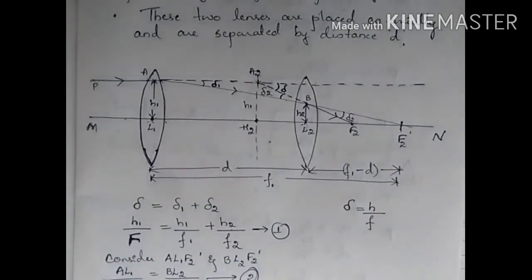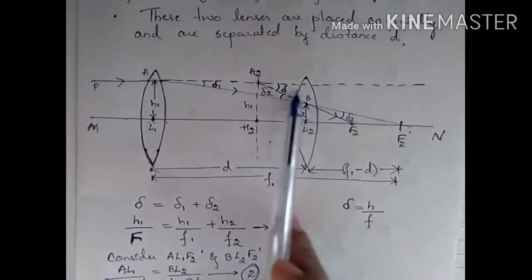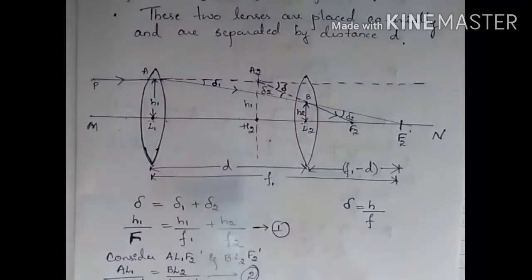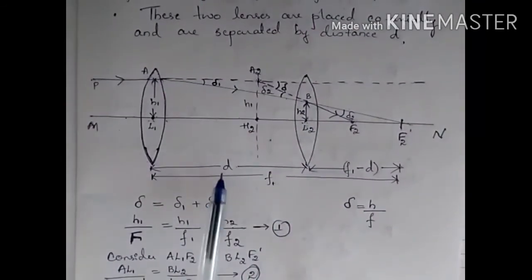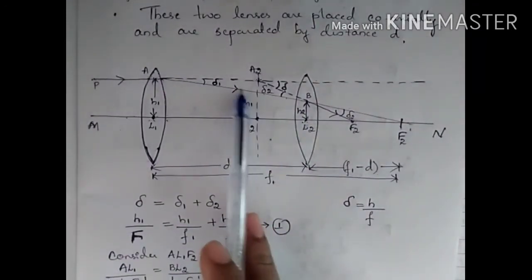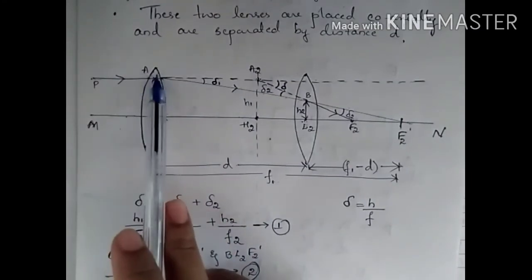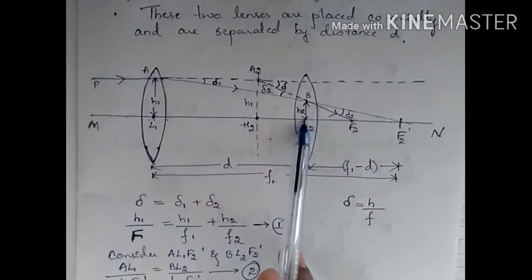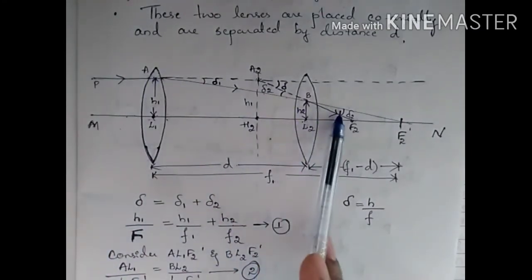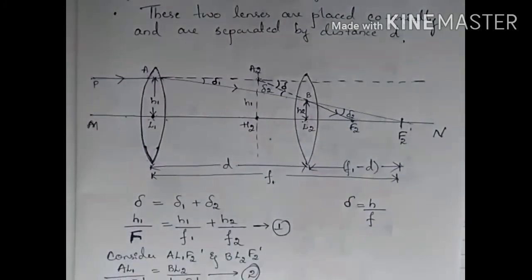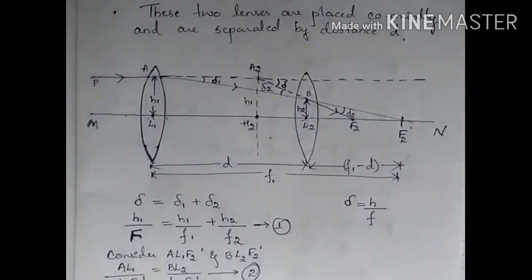Now after this refraction we kept another lens L2 and saw what the refraction of the ray falling on the lens L2 would be. That refraction is F2. So BF2 is the refracted ray of the lens L2.